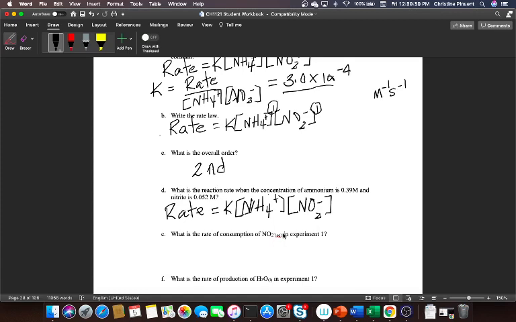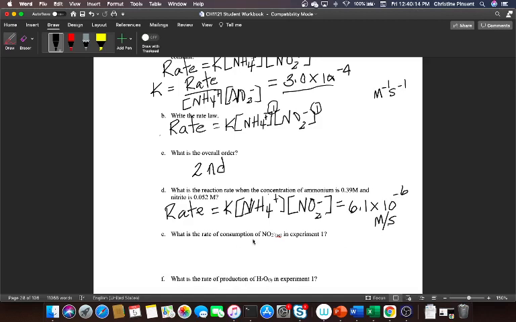So 3.0 times 10 to the minus 4, multiplied by 0.39, multiplied by 0.052. And I get 6.1. I am going to round this to 2 sig figs, just to match my values given in the question. 6.1 times 10 to the minus 6, and this is a rate. The unit of rate is moles per liter per second.